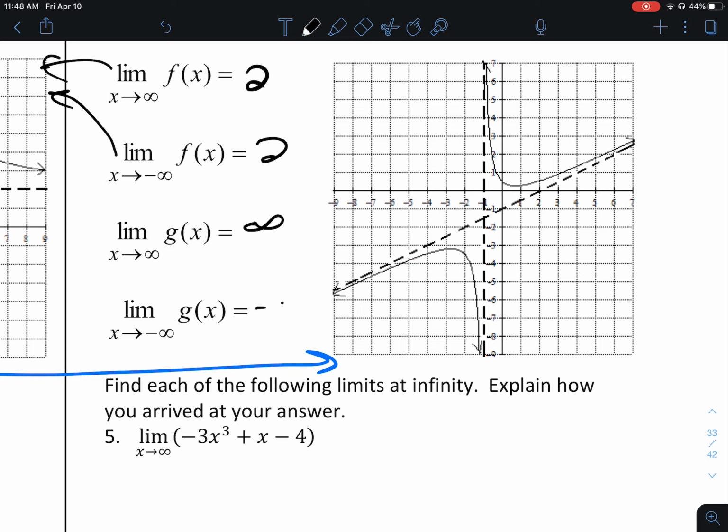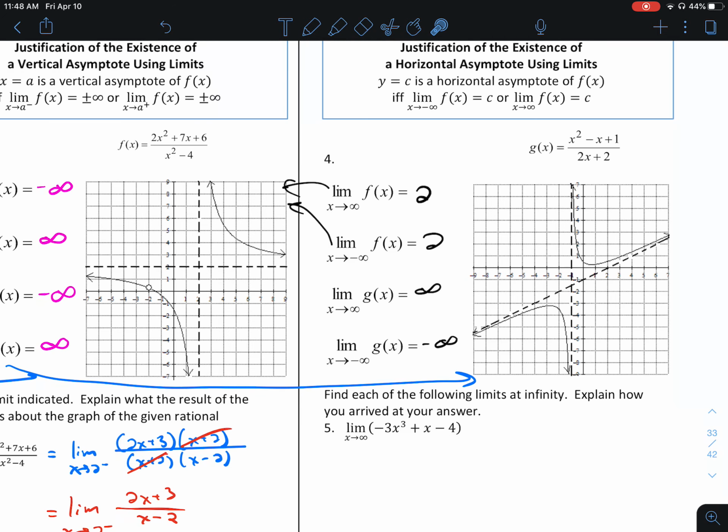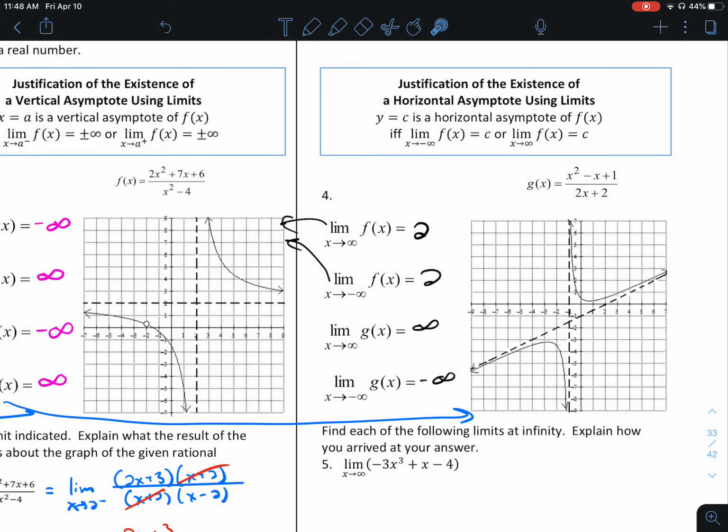Notice the difference between those two answers, function f and function g. Function f, according to the existence of a horizontal asymptote using limits, must have a horizontal asymptote at y equals 2. This one here, g, as we go left and right forever, does not approach a number, so it doesn't have a horizontal asymptote.